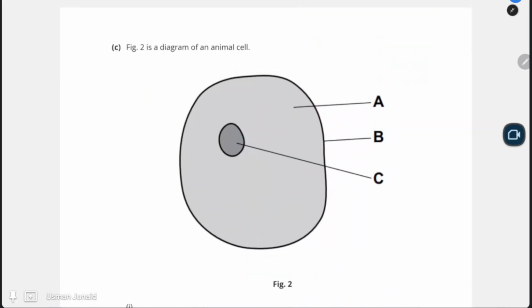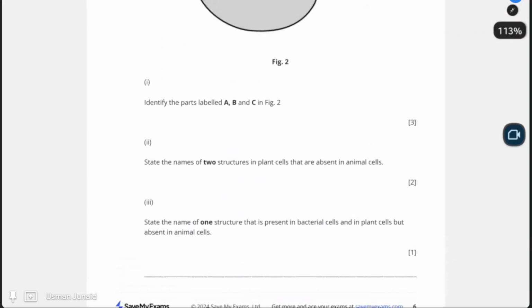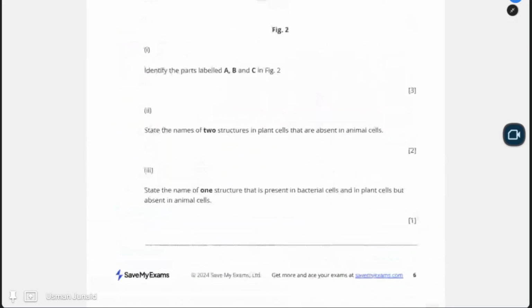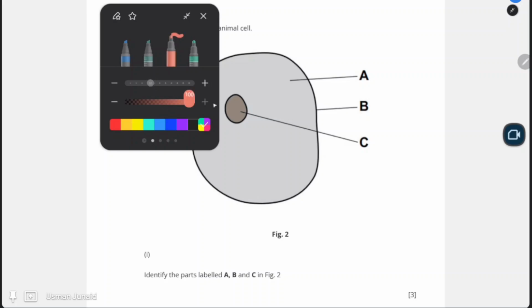Now we have the animal cell. So identify all three of these structures. Can you do that? You have the major portion, the cell membrane, I guess. A, B, and C. Right.